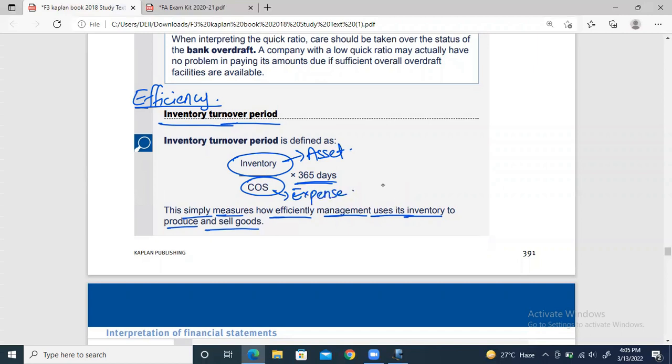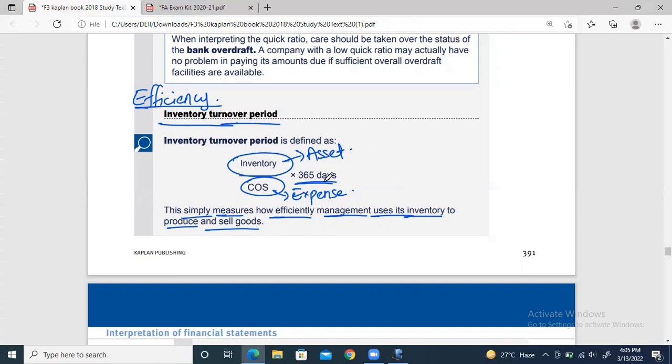When we studied profit or loss. So why is it an efficiency ratio? Because the less inventory wastage we have, the less cost of sales we have, and that will be very beneficial, right?